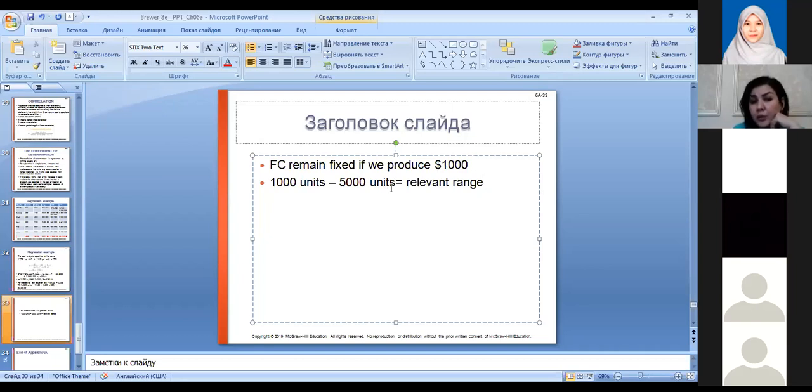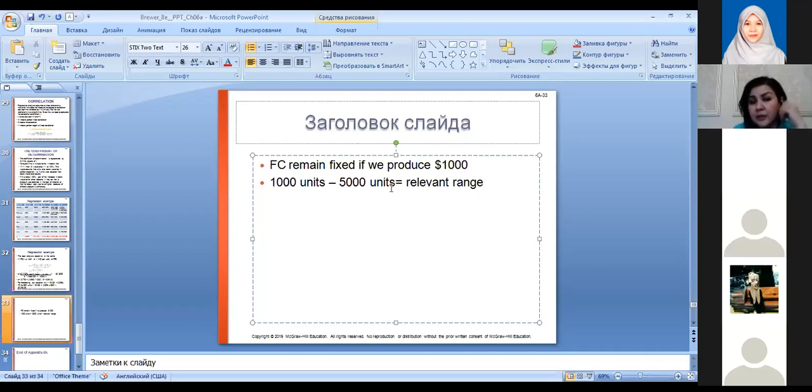So got the point? Remember that within a relevant range, fixed costs remain fixed. If we produce, for example, 6,000 units, then fixed cost will not be $1,000.